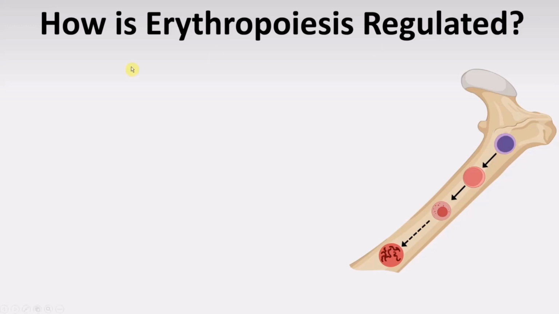So in order for this to happen, erythropoiesis needs to be regulated in a tight system, and how this is regulated is what we are going to discuss next.